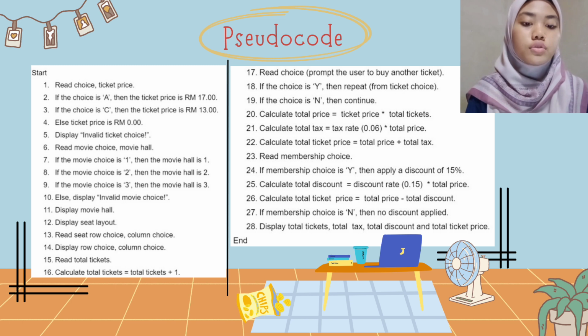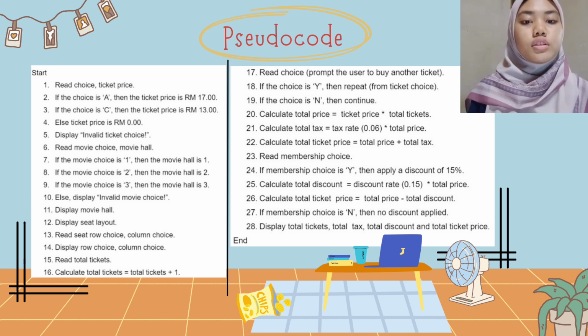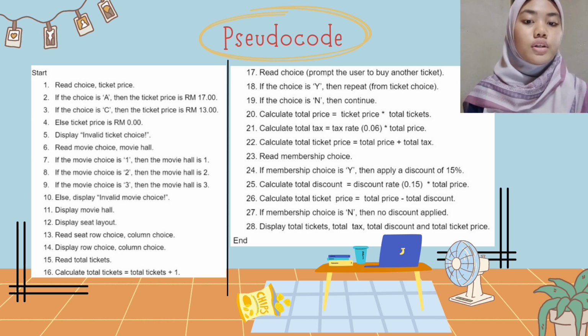If the user chooses to buy another ticket, the process loops back to the ticket category selection and repeats the booking process. Once the user is done buying tickets, or the choice is N, the pseudocode calculates the total price of the purchased tickets along with the total tax amount, which is 6% of the total price.